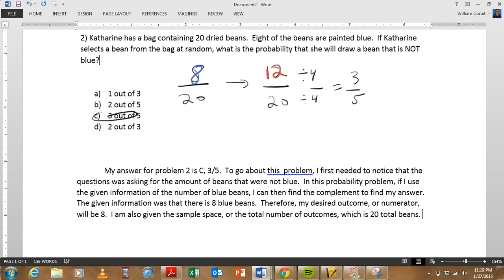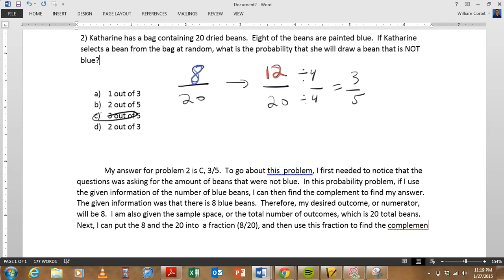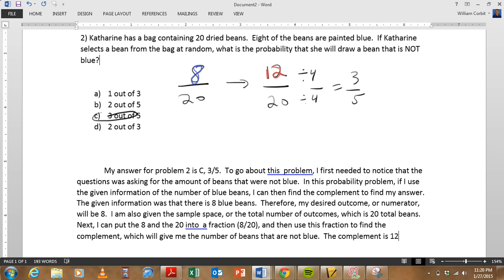Therefore, using the desired outcome, next, I can put the 8 and the 20 into a fraction, parentheses, 8/20ths, and then use this fraction to find the complement, which will give me the number of beans that are not blue. The complement is 12/20ths.